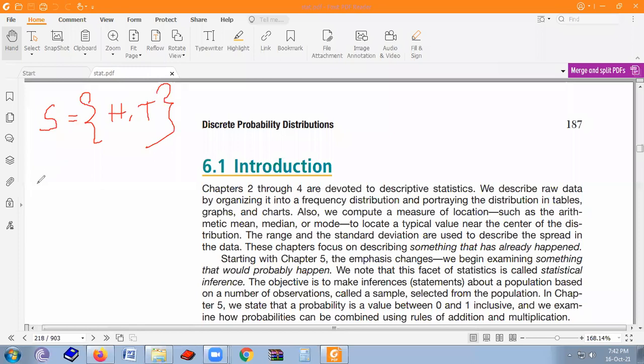So if you want to find the probability of head, what will it be? What is the probability of head when a coin is tossed one time?